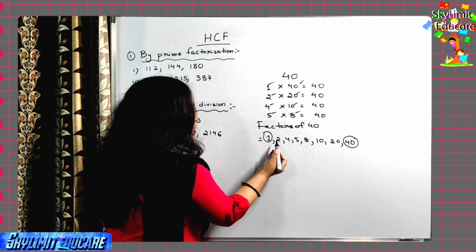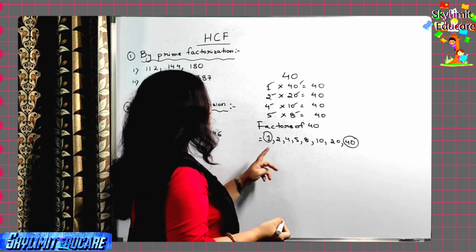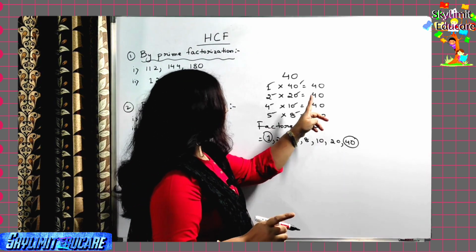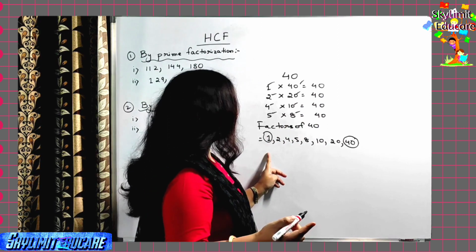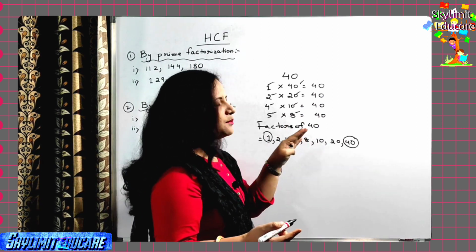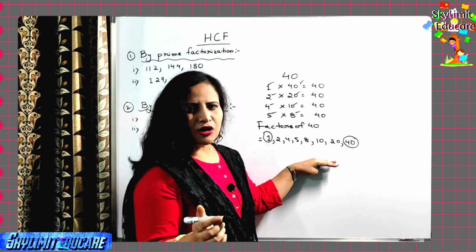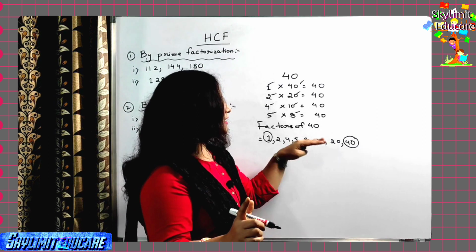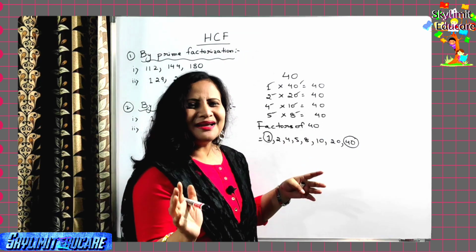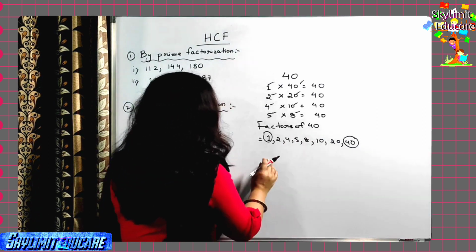Why is 2 a factor of 40? Because 40 divided by 2, the remainder is 0. 40 divided by 4, the remainder is 0. So all these numbers, whenever they divide 40, give the remainder 0. These are the factors of 40. A factor of a number is a number that completely divides the number without leaving any remainder. I think the idea is clear with you all.